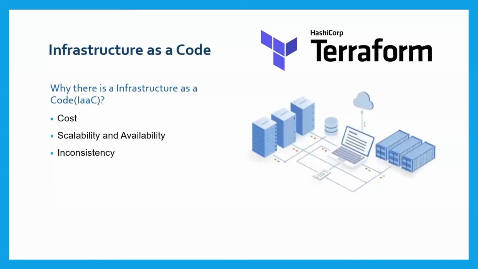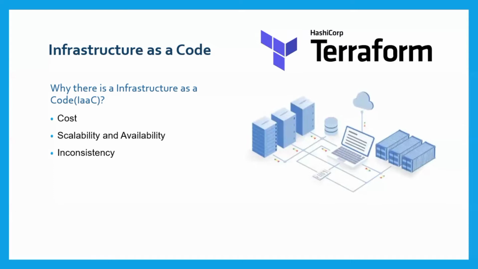Maybe your server will run out of resources, and if your manual configuration is in place, server administrators will try to add more servers to that particular cluster, but it will take time to add them, and it will lead to unavailability as well. Your cluster may go down and your whole application may be down for a period of time. So this is the second problem, scalability and availability.